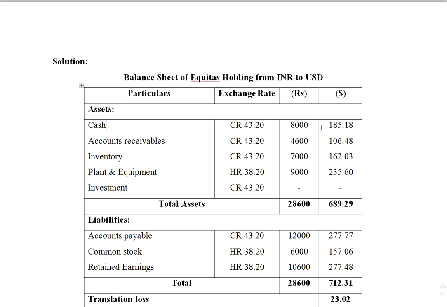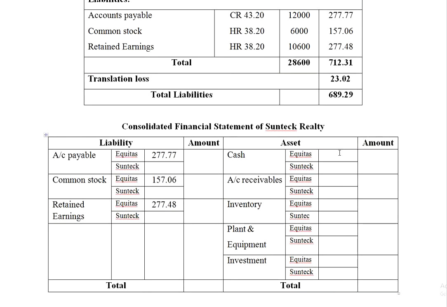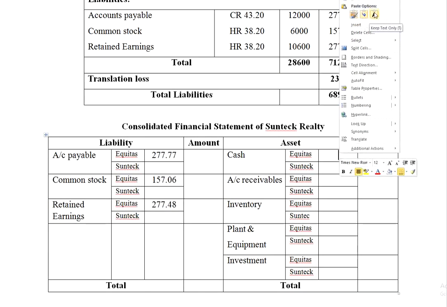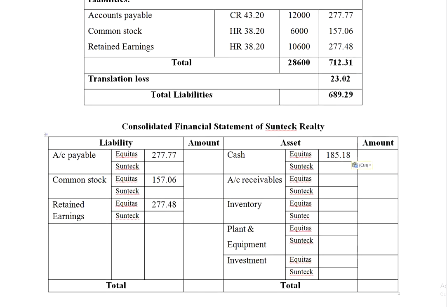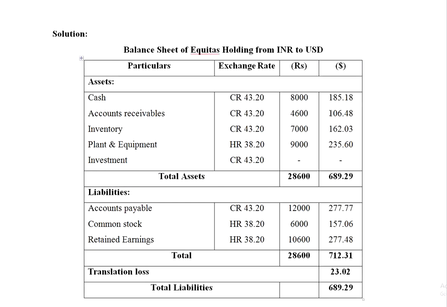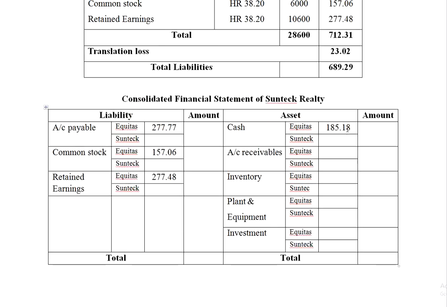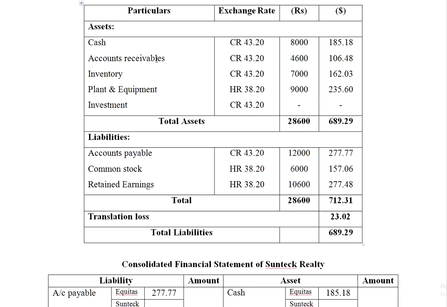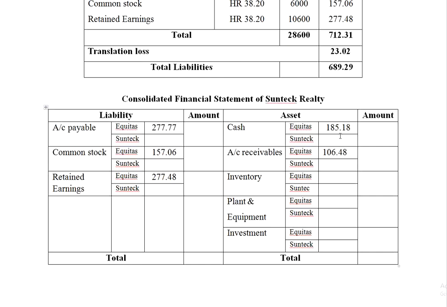So cash of Equitas is 185.18, and accounts receivables is 106.48. Let us fill this, accounts receivables 106.48. And inventory of Equitas is 162.03.